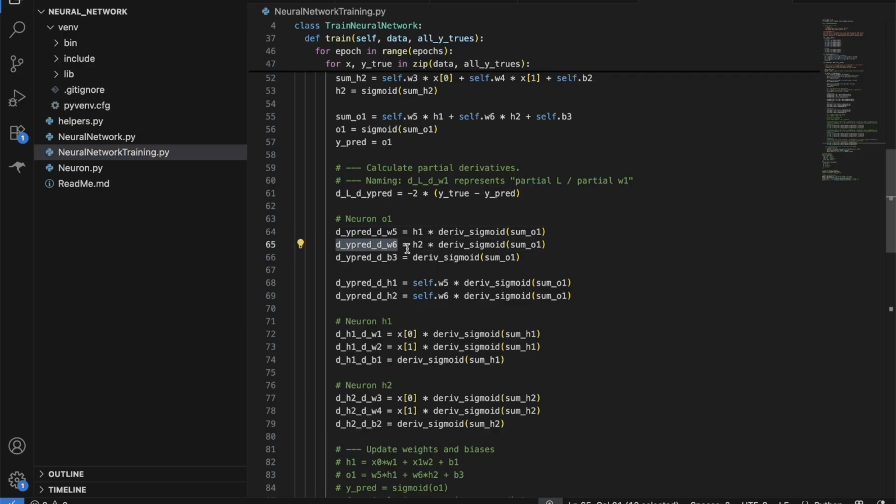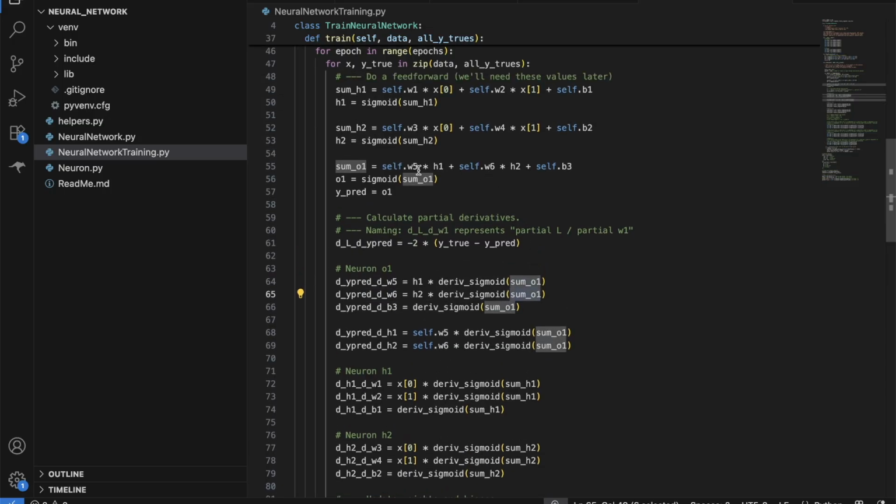Similarly w6 is equal to h2 into derived sigmoid of sum o1, because if you look at this, sum o1 is this, right? If you take the derivative of it, for w5 it will give you h1, for w6 it will give you h2, and all this is passed to the activation function. So we have to calculate the derivative of the sigmoid as well, which I have extracted out as a common function.